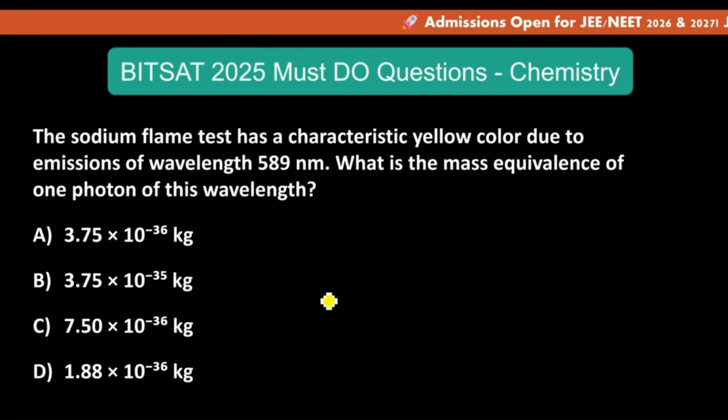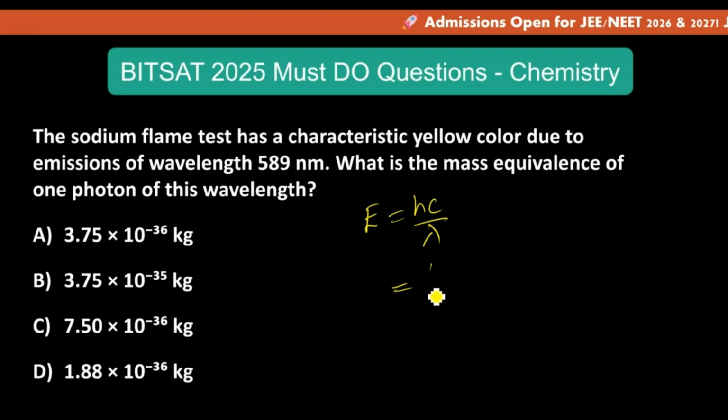The sodium flame test has the characteristic yellow color due to the emission of wavelength of 589 nanometer. What is the mass equivalence of one photon of this wavelength? Okay, so first of all, we know that E is equal to hc by lambda. Lambda value is given as 589 nanometer.